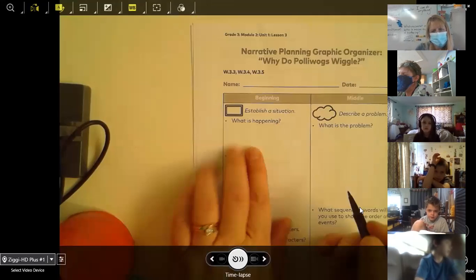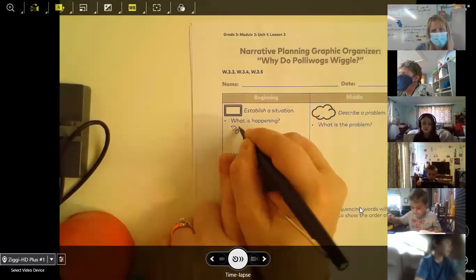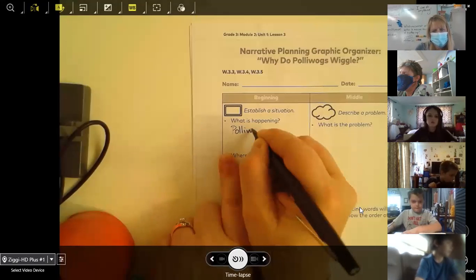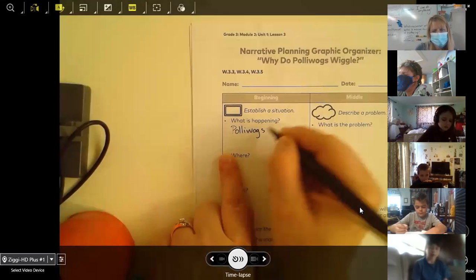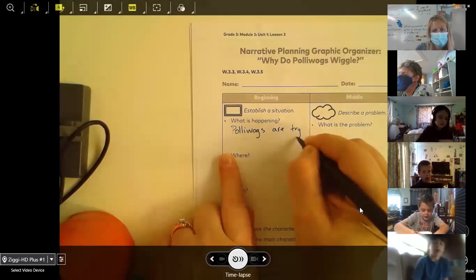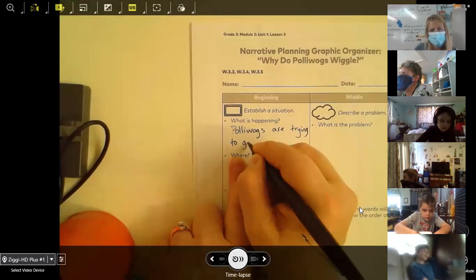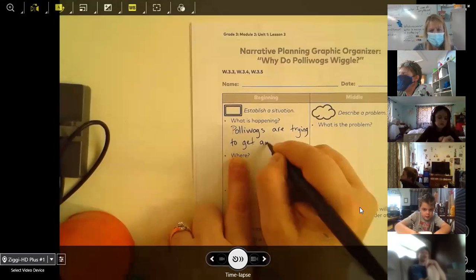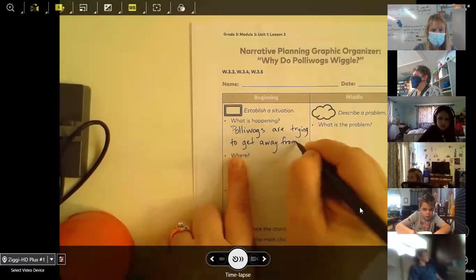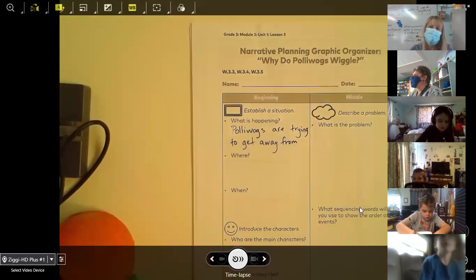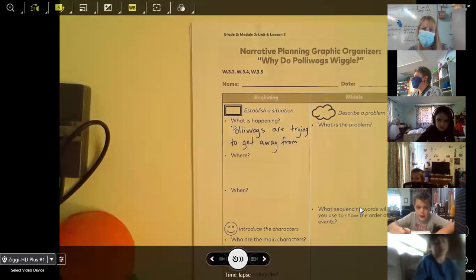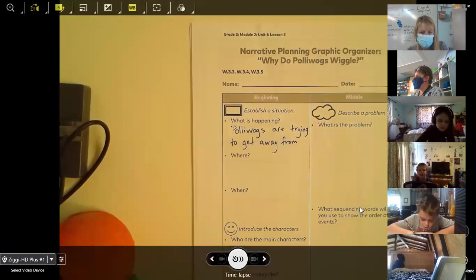We're gonna say the pollywogs are trying to get away from, let's do something other than something that's in the water. What could be trying to eat them?